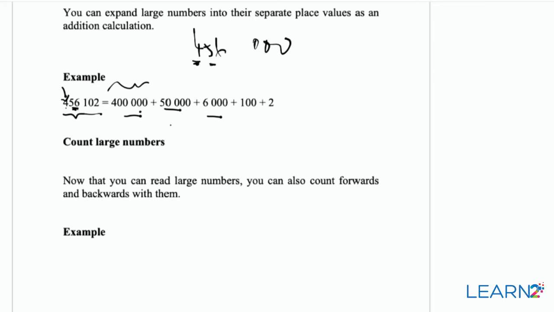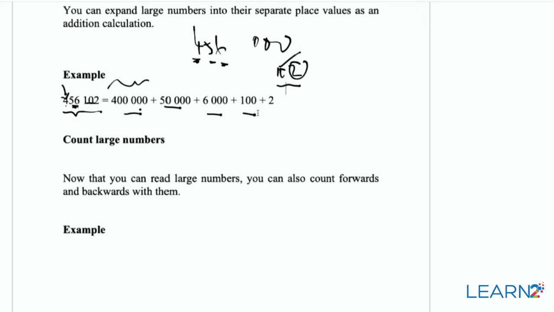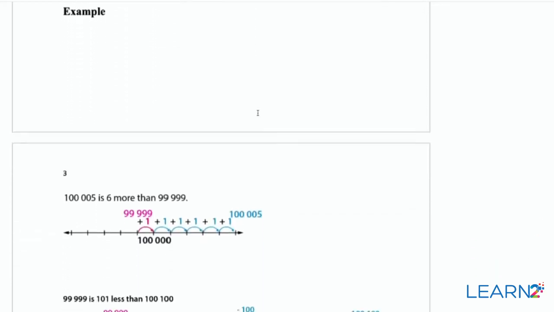The 5 is 50,000. The 6 is 6,000. Then you have 102. So what does the 1 in 102 refer to? It refers to 100. Obviously 0 is just 0 and the 2 is 2. So there you have it, 456,102.